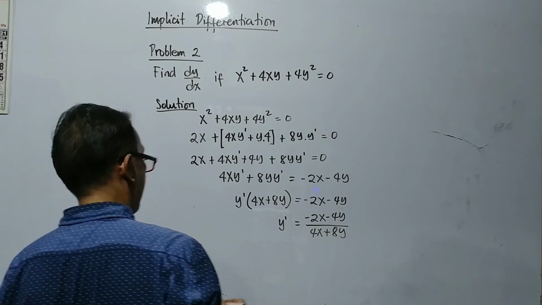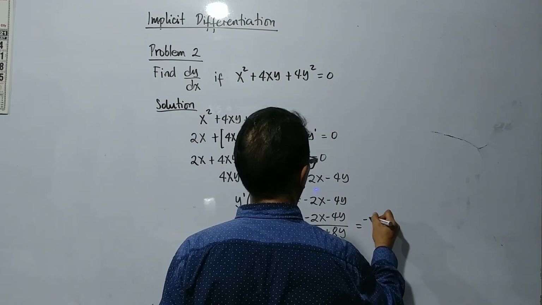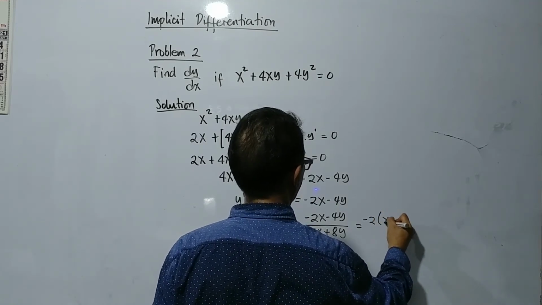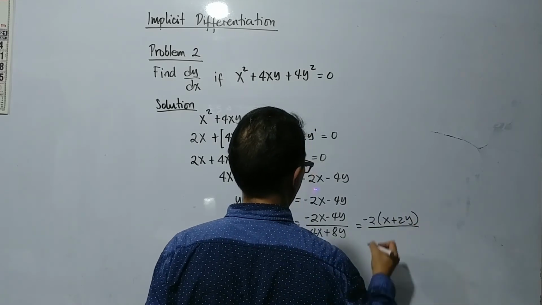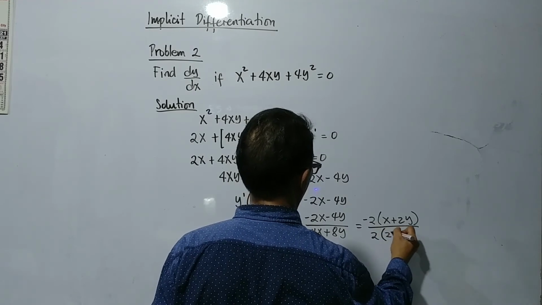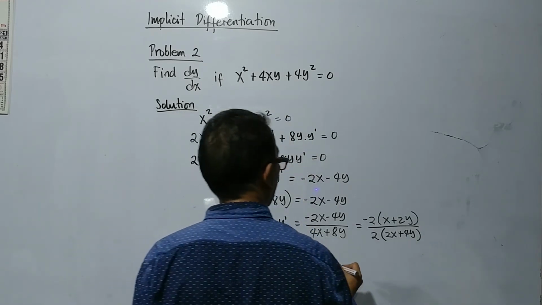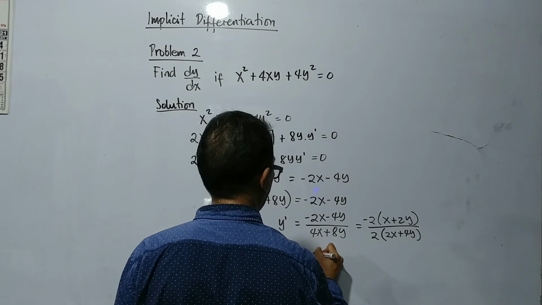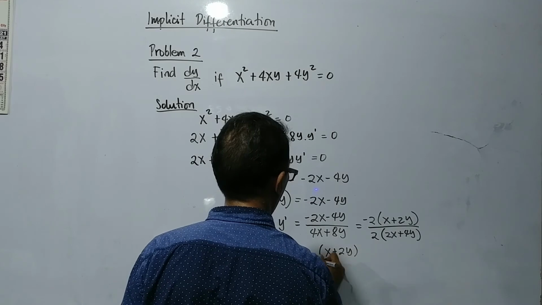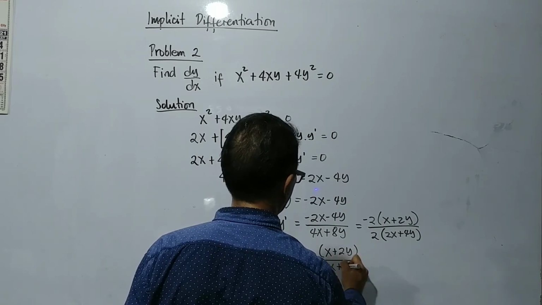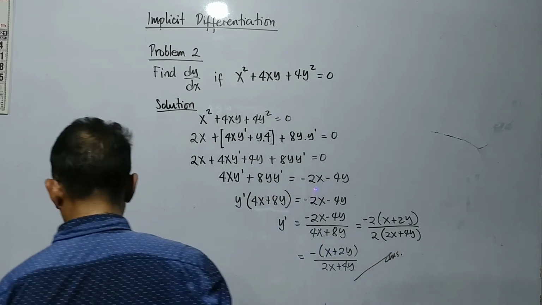Or finally, factor out negative 2 in the numerator, so x plus 2y, and 2 in the denominator, 2x plus 4y. So, finally now, our answer is negative (x plus 2y) over (2x plus 4y). And that's our answer.